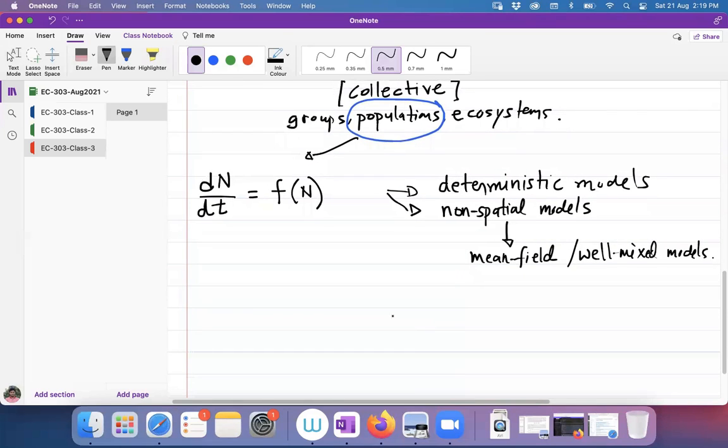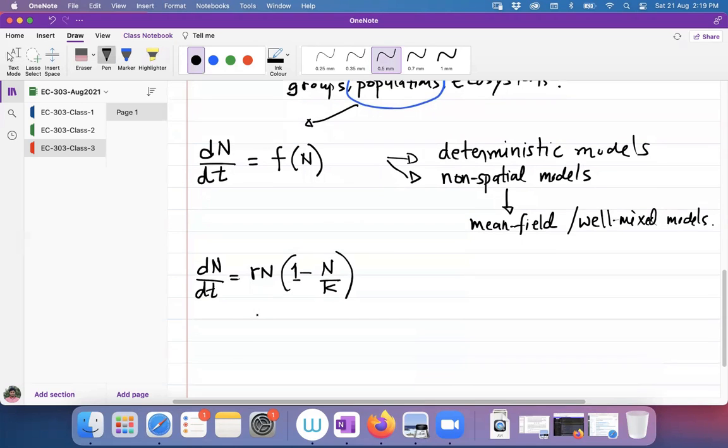Okay. So let us go back to the classic model we study in population biology, which is that of the logistic population model. I'm going to assume that you know this. If any of you don't know, please go through the revision materials that I have already posted on Canvas. Okay.